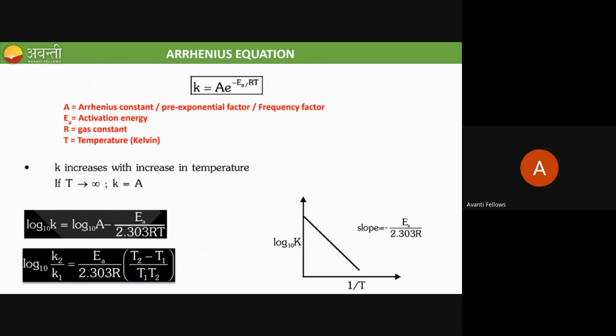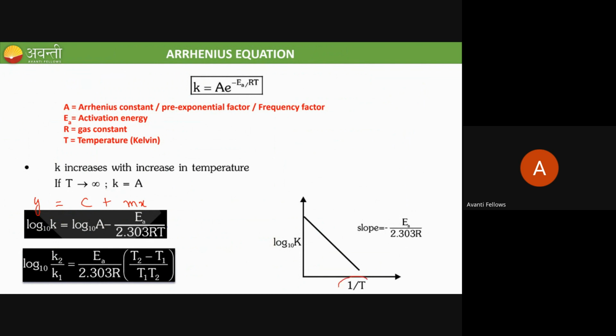Two more formulas we have, and these are of the form y = mx + c. Log A is the c component, the intercept, and here you can see -Ea/2.303R is the slope value.